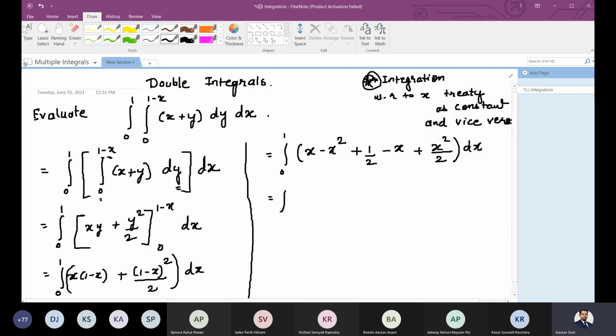There is a shortcut, you can directly integrate this 1 minus x whole square, but I have squared it. No problem. So x minus x, minus x square plus x square by 2, 1 by 2 minus x square divided by 2, dx.